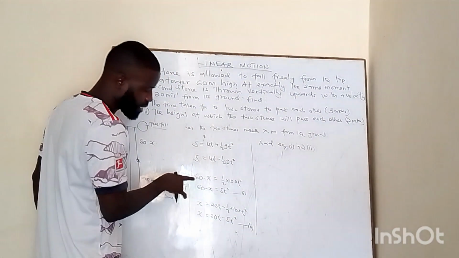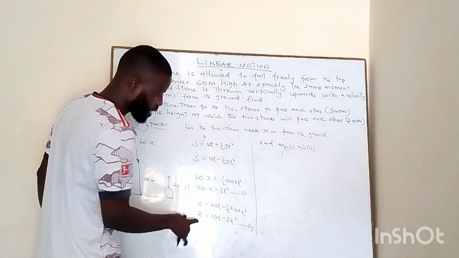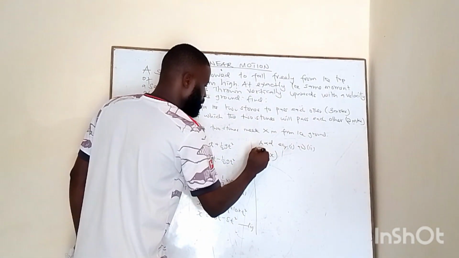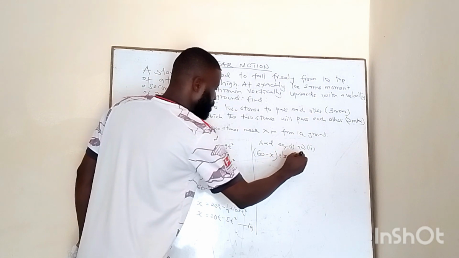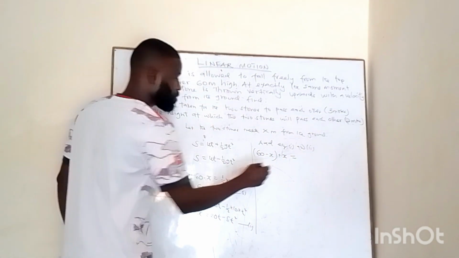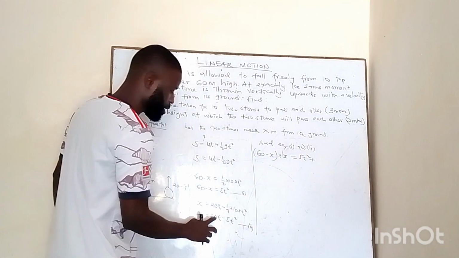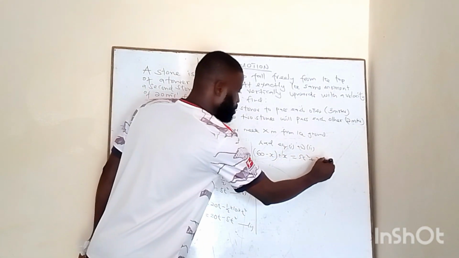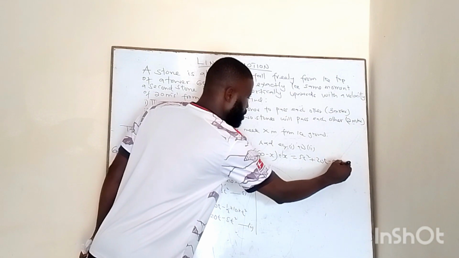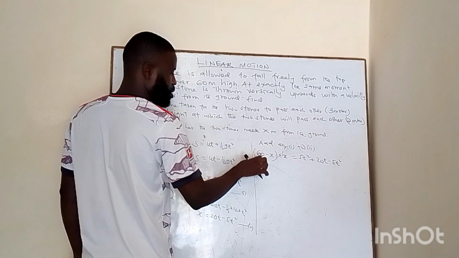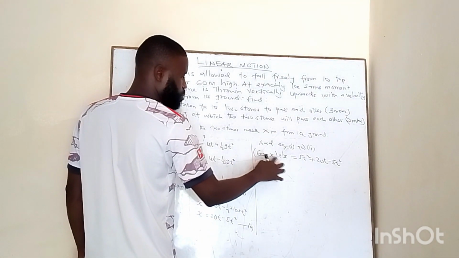So I'll take 60 minus x, I add it to x, so I'll get 60 minus x plus x equal to 5t squared plus 20t minus 5t squared. So mathematically this side I'll have 60 because this is 60 minus x plus x.